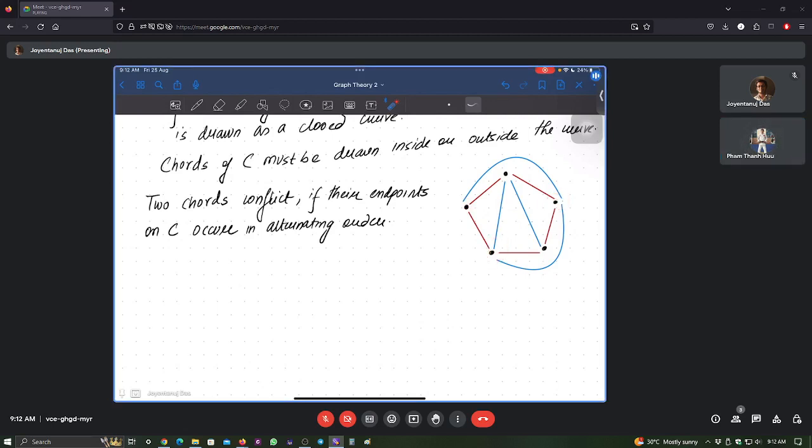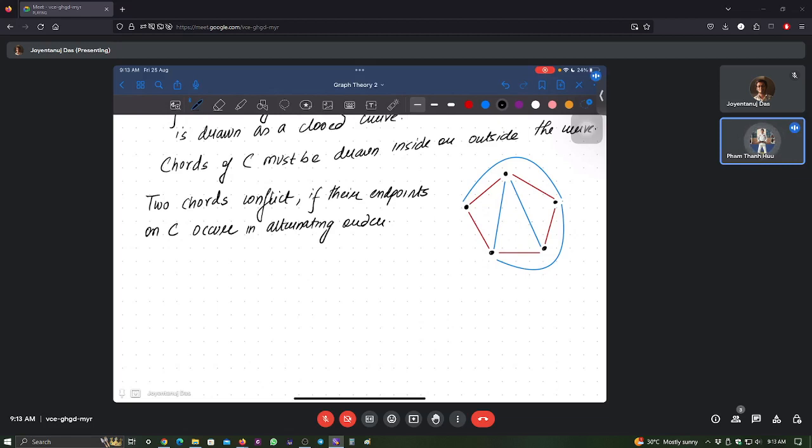But the thing is they are alternating, because the vertex between these two we are not connecting with, since that is already used in the cycle. That's why it is called alternating. Alternating means one after the other, skipping one and using the next: one, three, five.